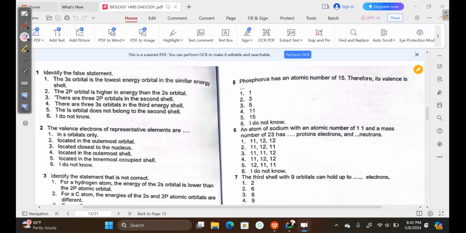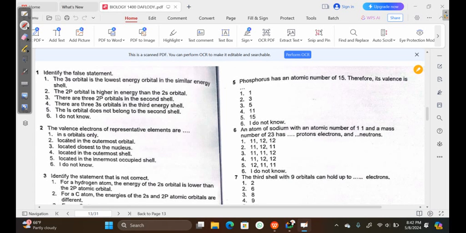Question 2 reads, the valence electrons of representative elements are... Which of these statements is true about the valence electrons of an atom?